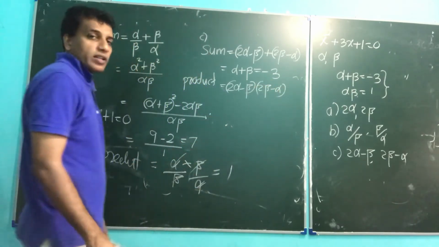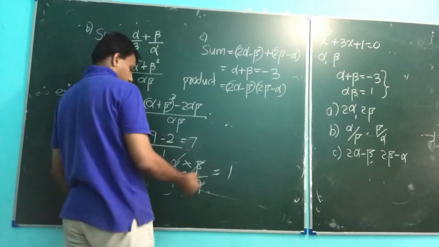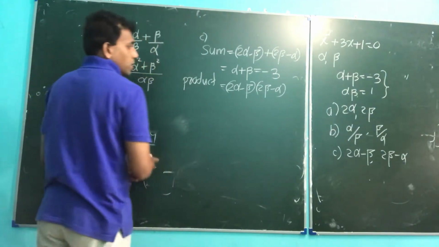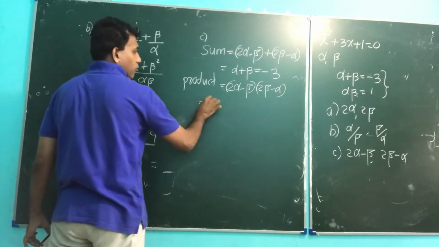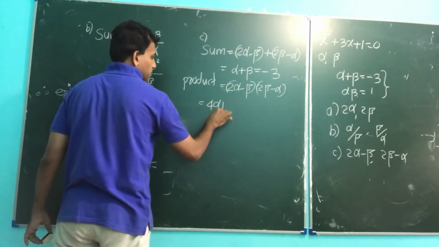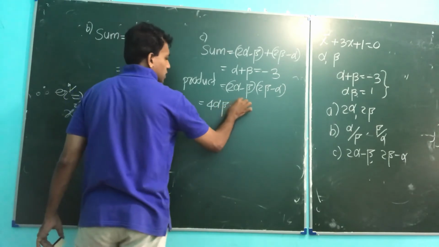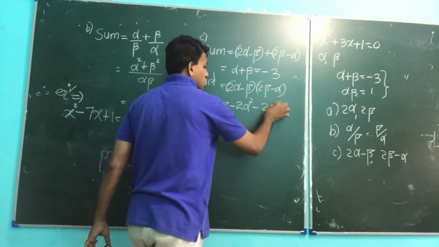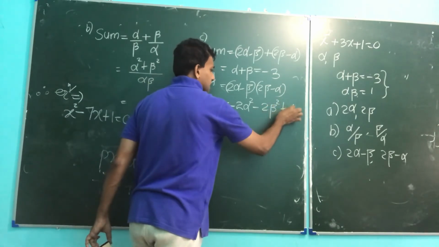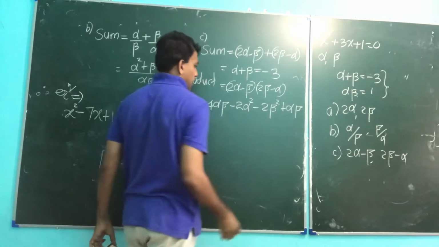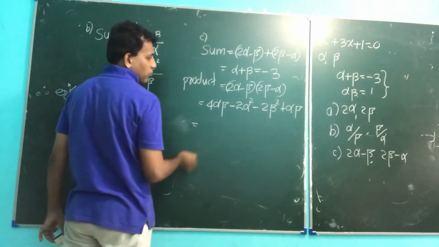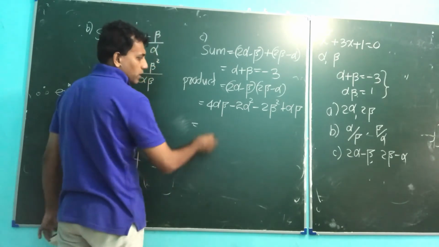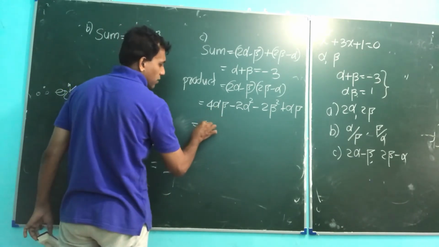So multiply and see what the expression is. Multiplying, we get 4 alpha beta minus 2 alpha square minus 2 beta square plus alpha into beta. Okay, so totally what is it? 5 alpha beta minus 2 alpha square minus 2 beta square.